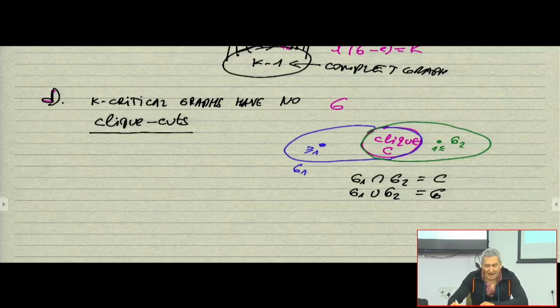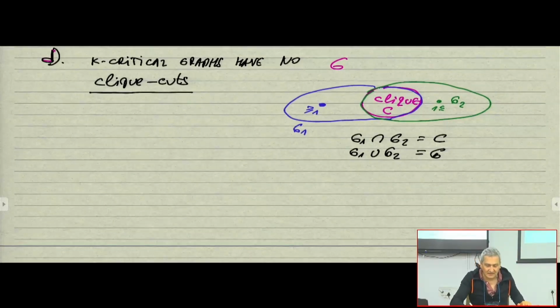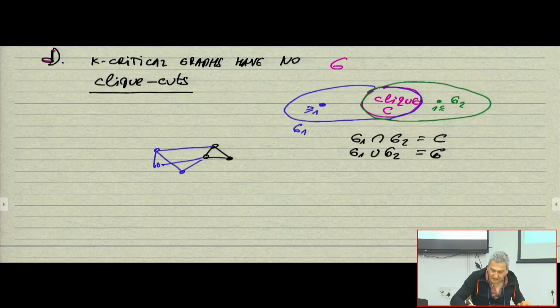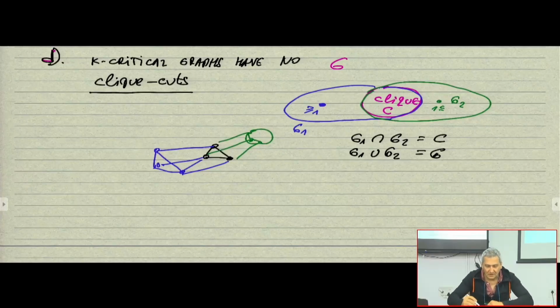Now, in each of these two colorings, this is a clique. What does coloring mean if we have a clique inside? We color all the vertices differently. So let's say this clique is of size 3, and then we have some more here, and some more here.